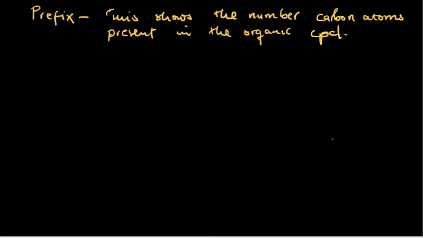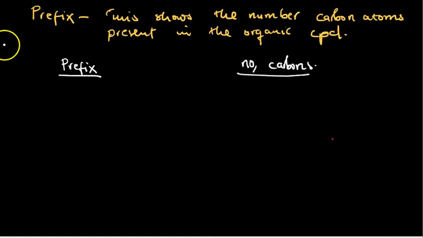Now, in context, we can have the prefix. Let's form a tabulation, with the prefix here and the number of carbon atoms here.